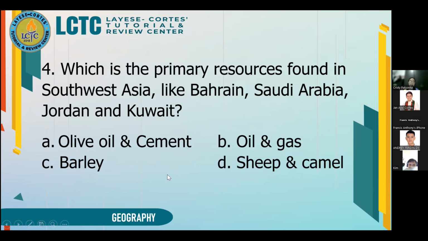Okay, next question, number 4. This is still geography. Which is the primary resource found in Southwest Asia, like Bahrain, Saudi Arabia, Jordan, and Kuwait? Is it A, olive oil and cement, B, oil and gas, C, barley, D, sheep and camel?